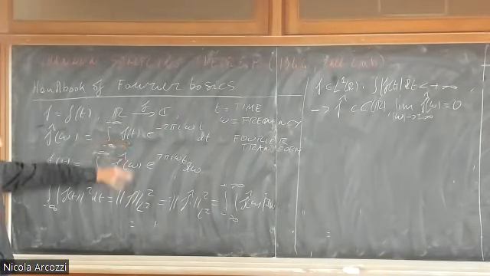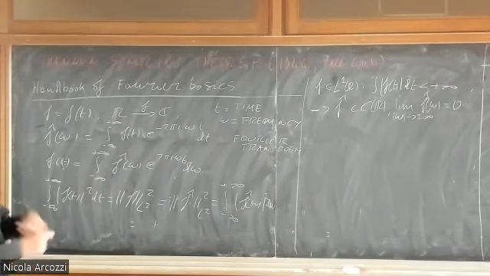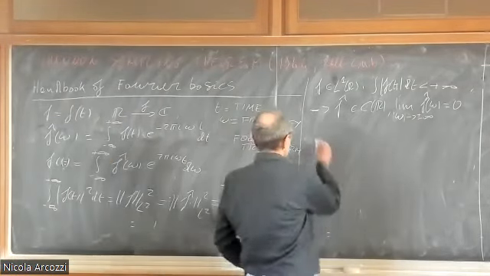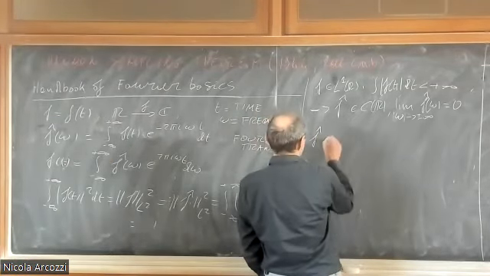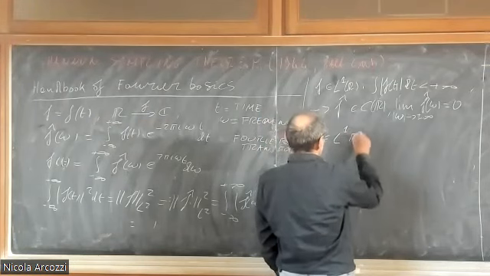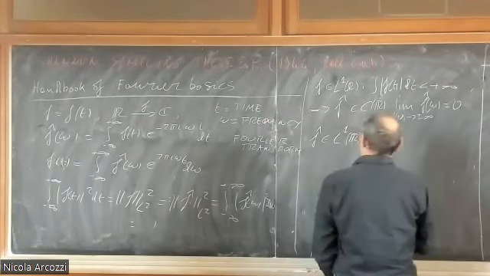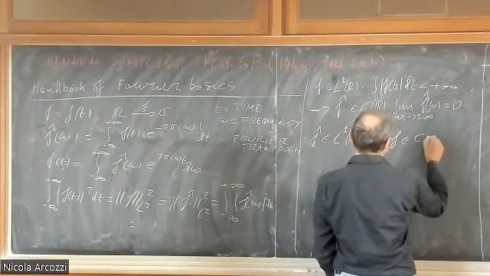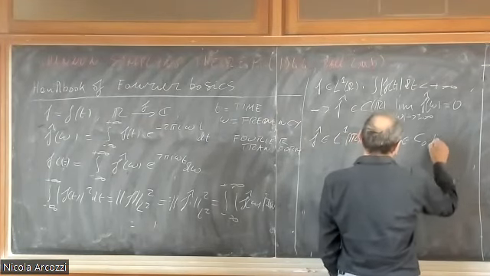Since the Fourier transform is the same as the inverse transformation, we also have that if f hat is in L1 of R, then f is in C0.